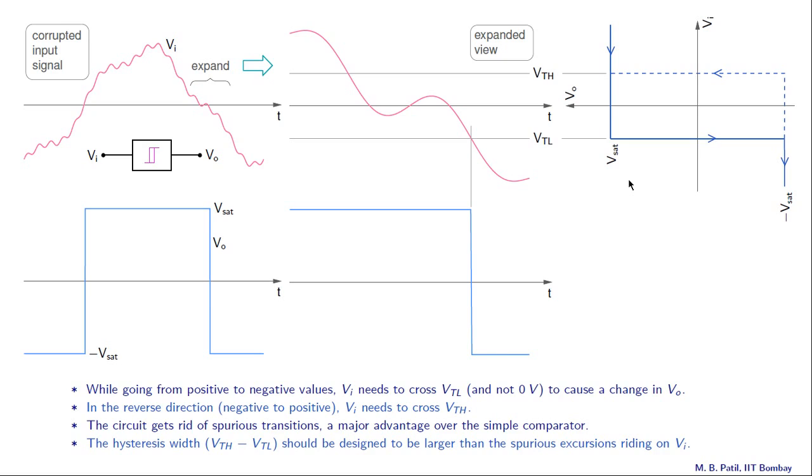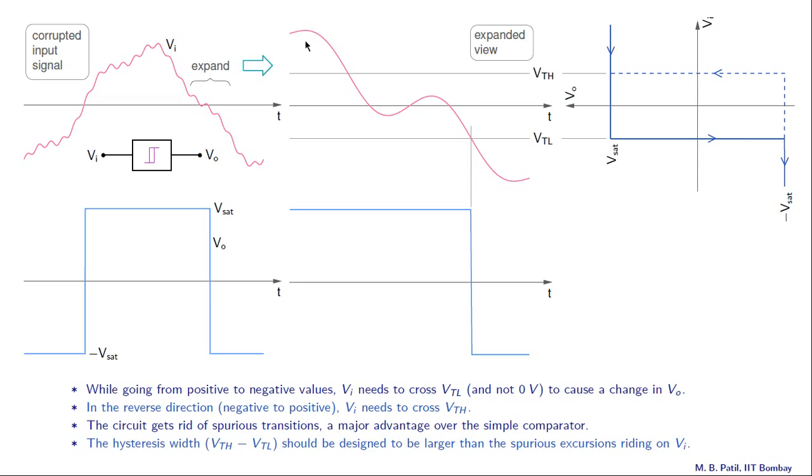So here is our VO versus VI relationship for the Schmitt trigger, and it looks a little different because our VI axis is now drawn vertically, but it's the same as what we have seen earlier. This is VTH, this is VTL, this is the high VO level, Vsat, and this is the low VO level, minus Vsat.